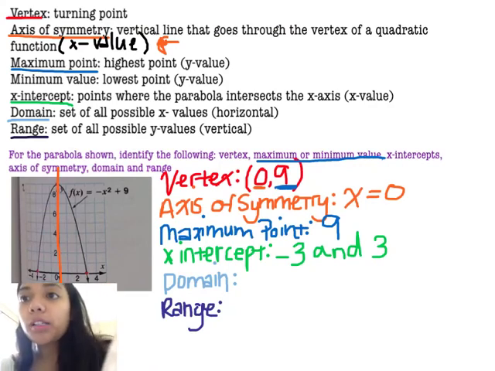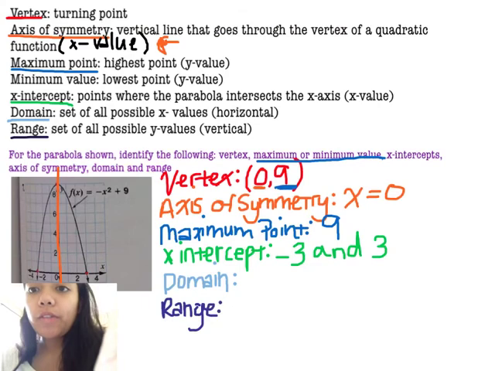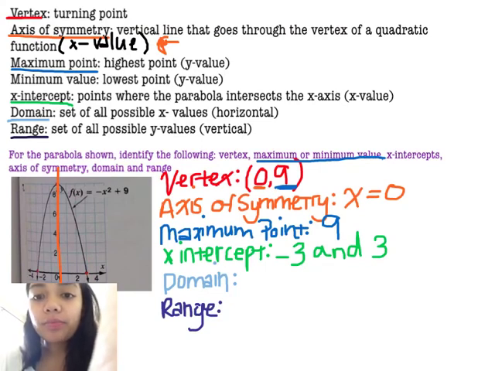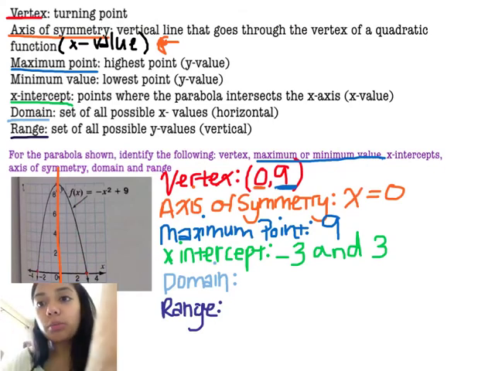So the set of all possible x values, if you look at your parabola, it keeps going. I'm going to try to see if I can move my face. And I can't. And I wish I could. Alright, well, just imagine this, because it won't let me go down. If you notice, your parabola keeps going, that's what those arrows indicate, so your x values will go on forever. Your x values are the first numbers. So, if it kept going and kept going, it would never end.